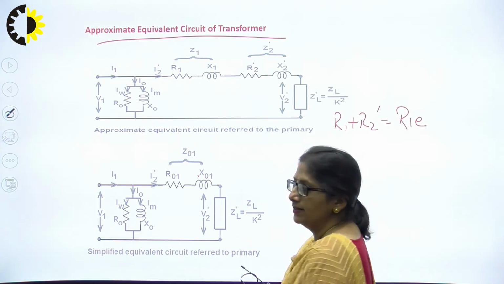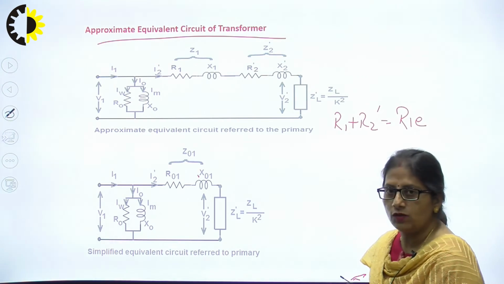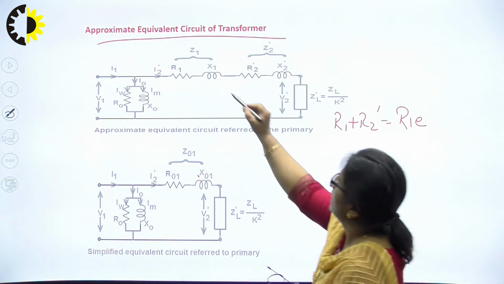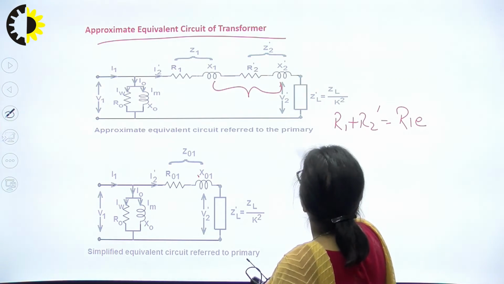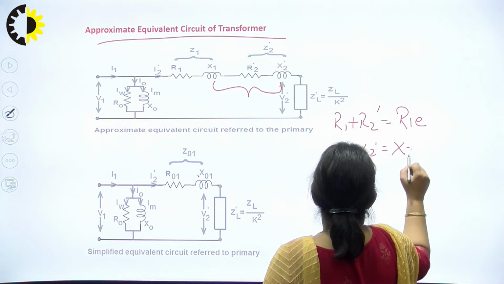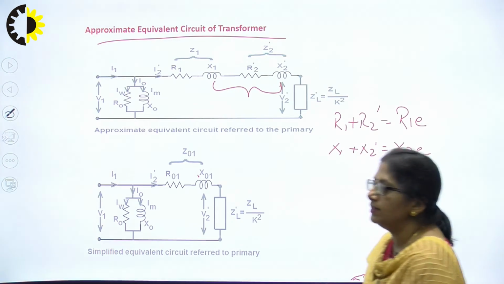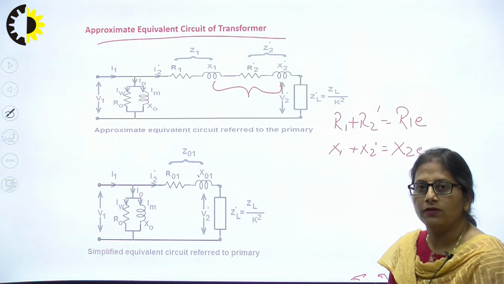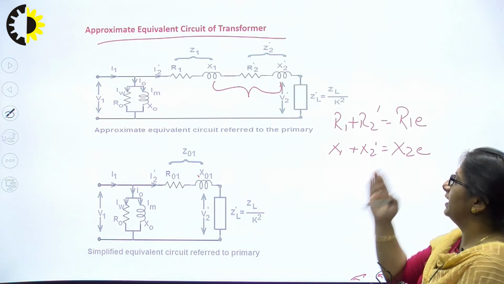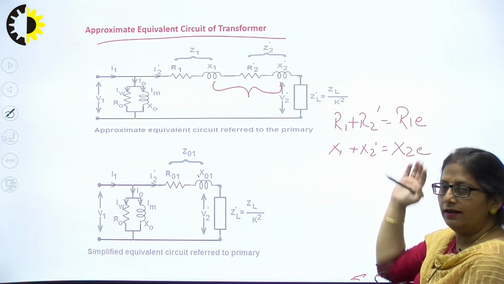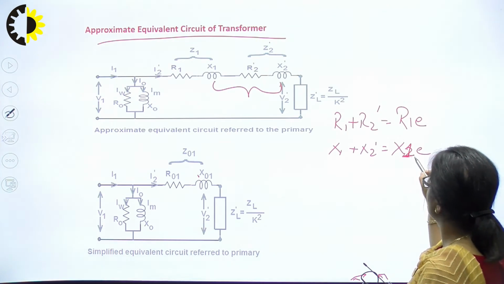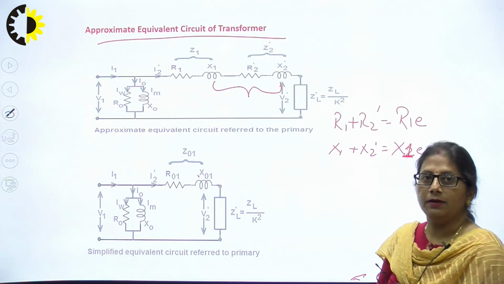What is R1E? This is the equivalent resistance of the transformer referred towards primary side. Similarly, X1 and X2 dash is going to give me X1E, the equivalent leakage reactance of the transformer referred towards primary side.